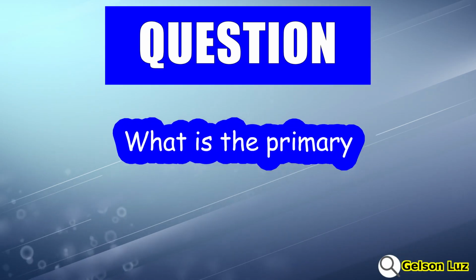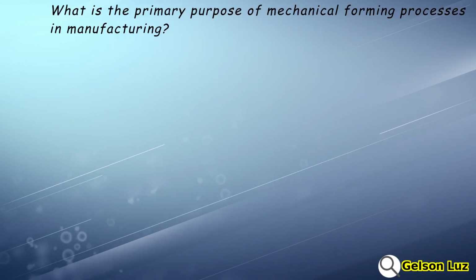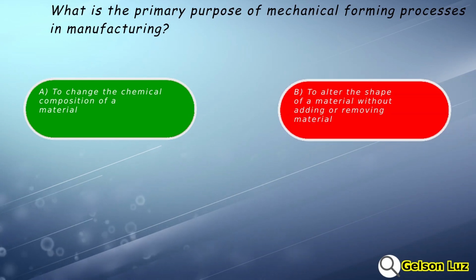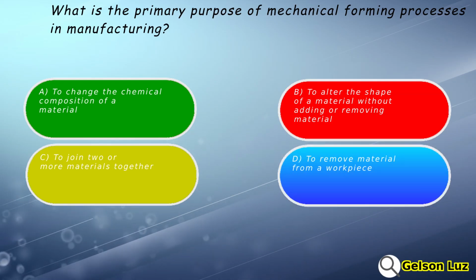What is the primary purpose of mechanical forming processes in manufacturing? A. To change the chemical composition of a material. B. To alter the shape of a material without adding or removing material. C. To join two or more materials together. D. To remove material from a workpiece.